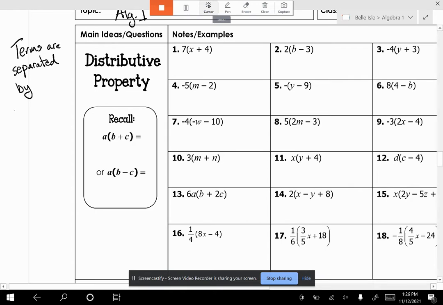Okay, by an addition sign, a subtraction sign, or also an equal sign. Okay, addition, subtraction, or an equal sign. Okay. Then answer next time and make me feel better.